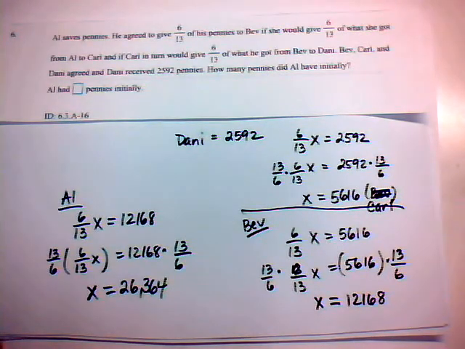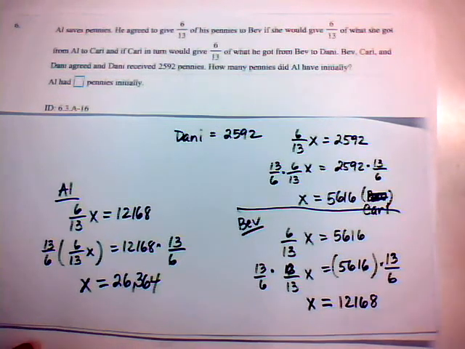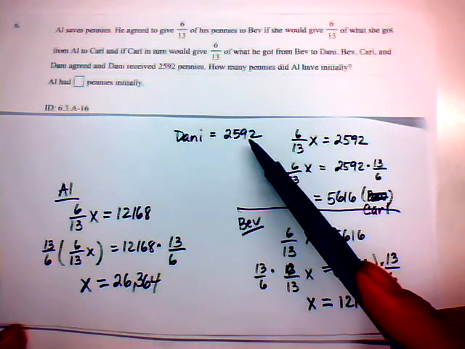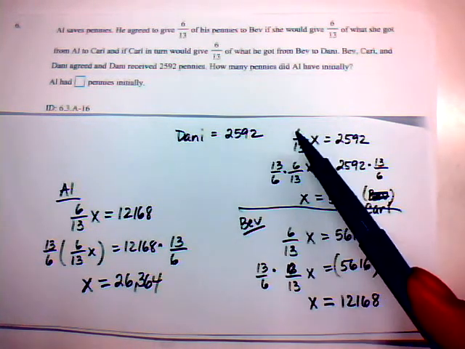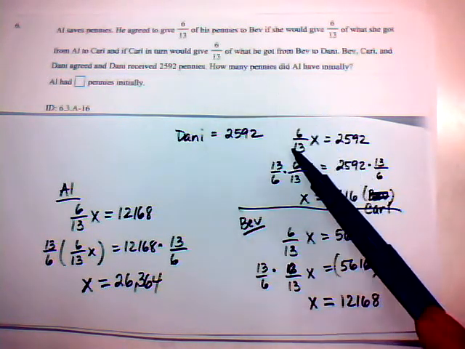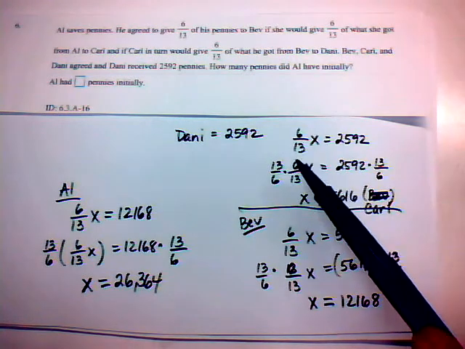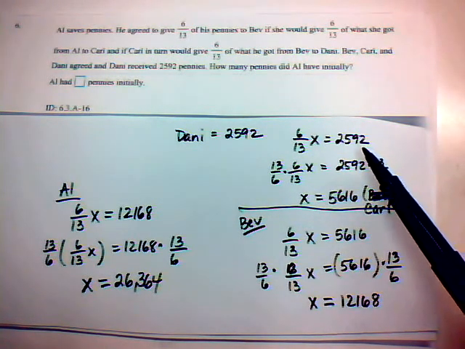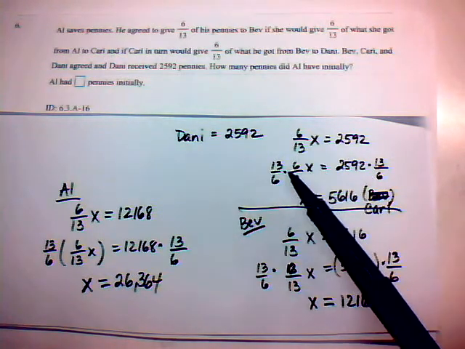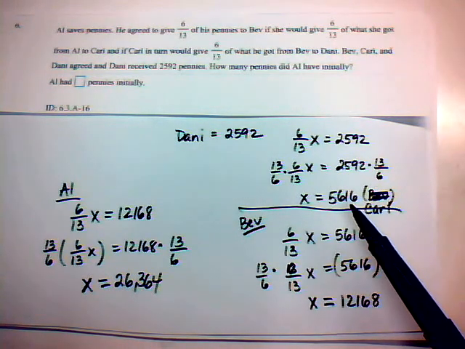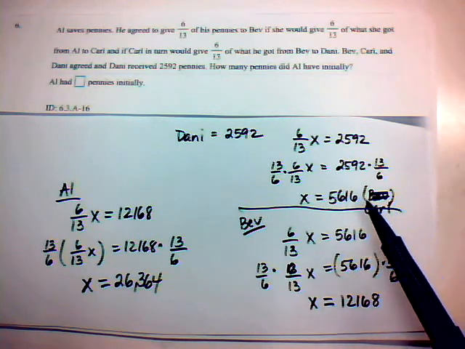Okay. So to see how I did this, we started off with Danny having 2,592 pennies. Carl gave 6/13 of what he got from Bev to Danny. So 6/13 times x, that's 2,592. So you multiply by the reciprocal of 6/13, which is 13 over 6 on both sides, you'll get 5,616. That's the number of pennies that Carl received.